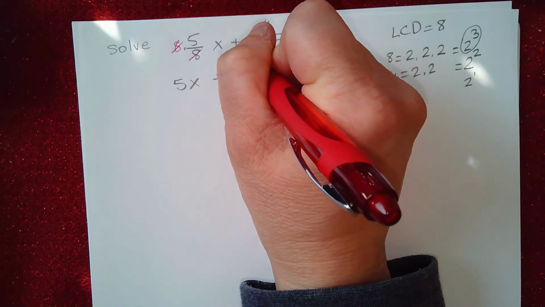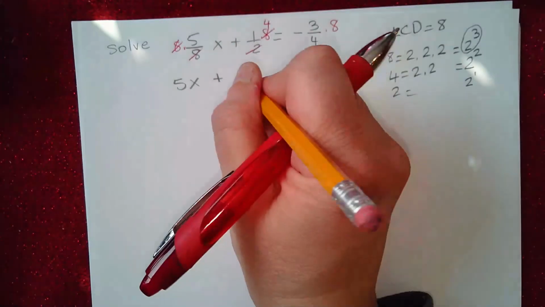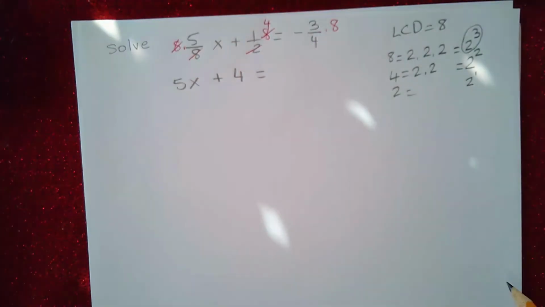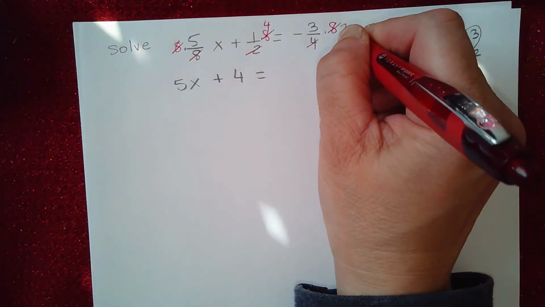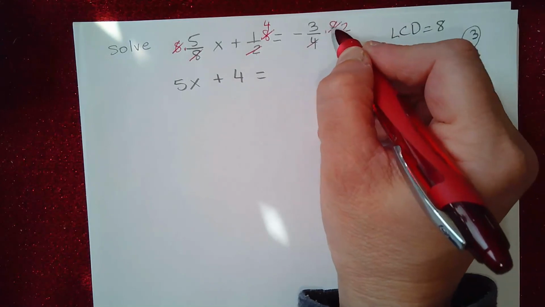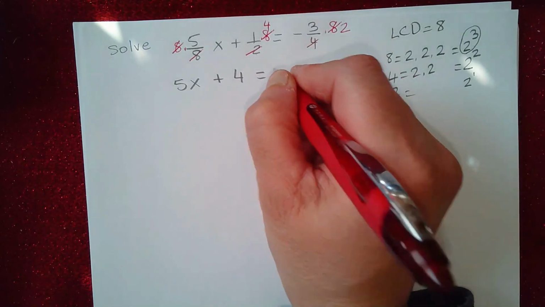So now we have plus 1 times 4, or simply 4, equal. And now we have 8 divided by 4, that's 2. So negative 3 times 2 is negative 6.